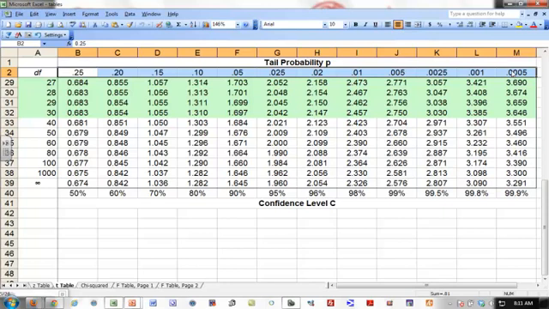It says tail probability p. Now what does that mean? Well, let's take a number that we know really well from the t-table, 1.96.